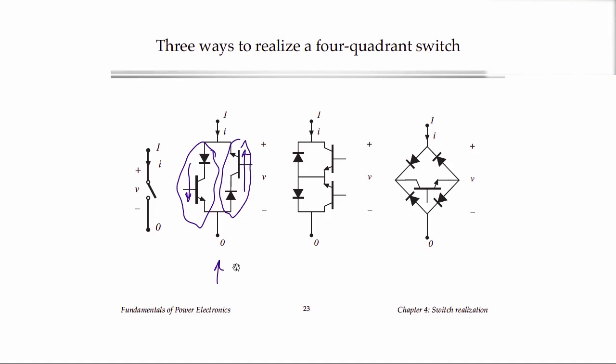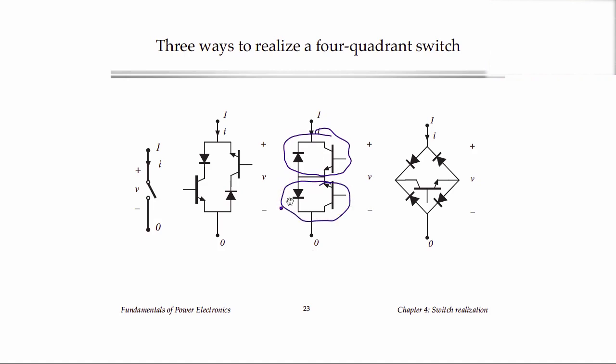So together they can conduct either polarity of current. The second case here involves 2 current bidirectional switches that are put in series. So each of these can conduct either polarity of current, but the top one can only block positive voltage, while the bottom one can only block negative voltage. But when you put them in series, they can block either polarity of voltage.